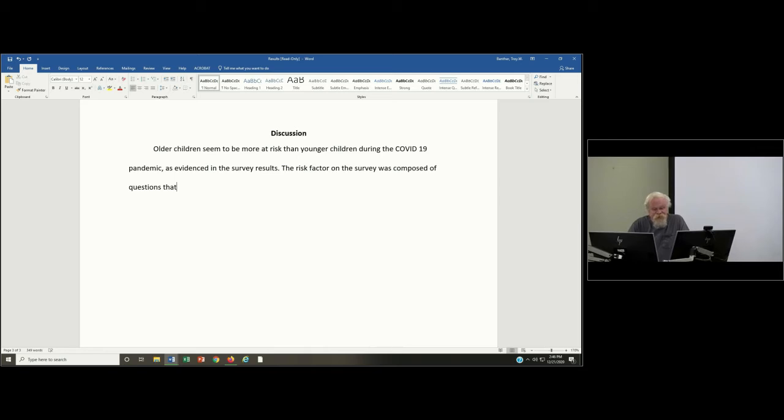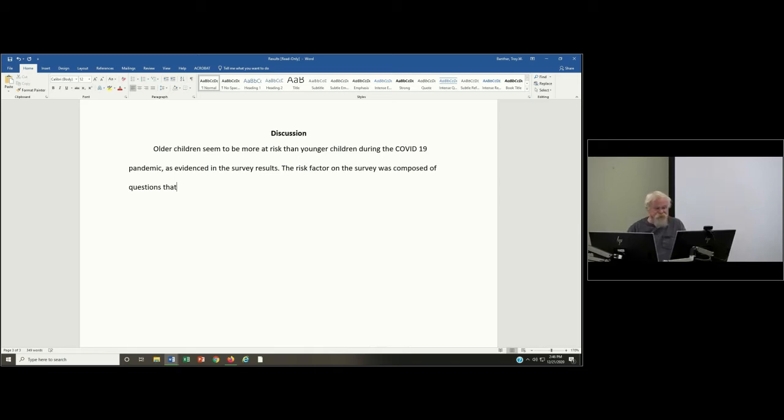But here you would fill in the blanks. What were some of the questions that related to risk, okay? I'll just put a blank here because I don't know. I'd have to go back to the survey and read these risk factors and talk about each of those.